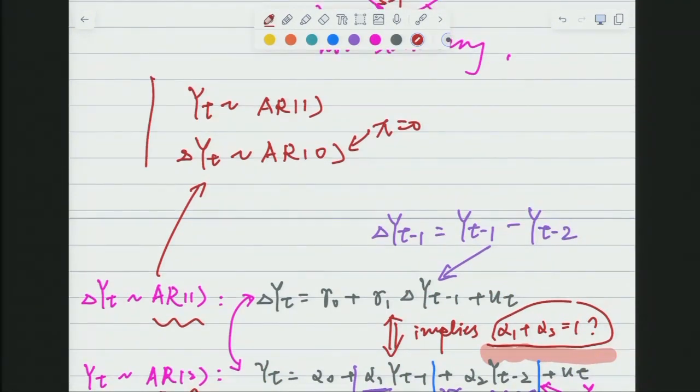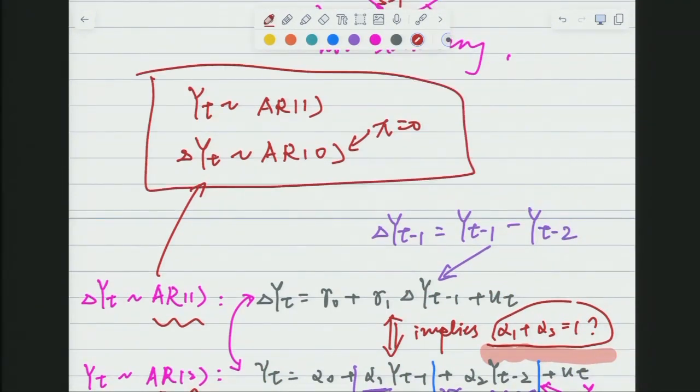So this is essentially the same logic. We are testing whether we can reduce yt following an AR1 to its first difference following an AR0 by testing whether pi is equal to 0, equivalently testing whether alpha 1 is 1. So this is the logic of the test.